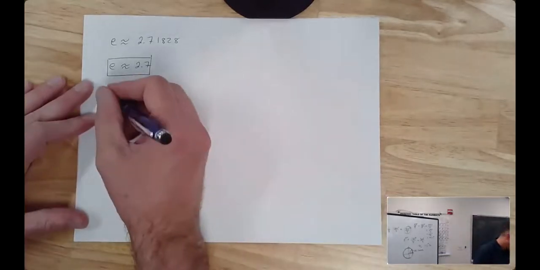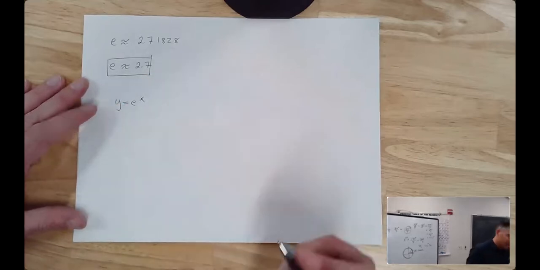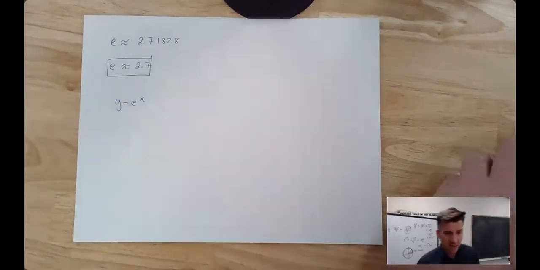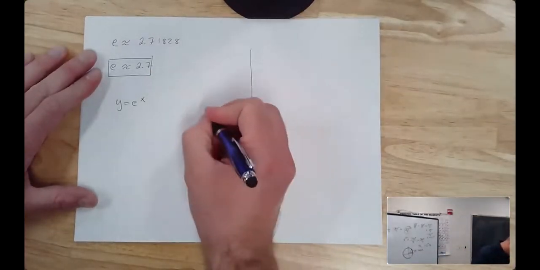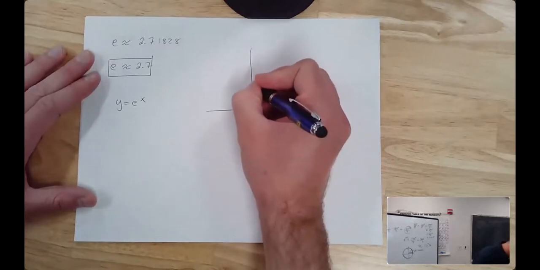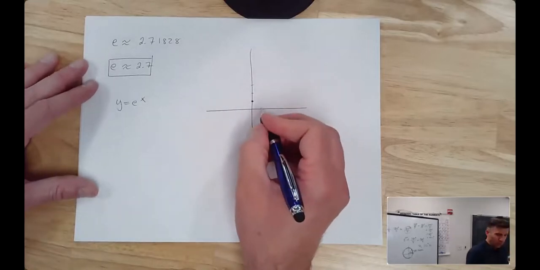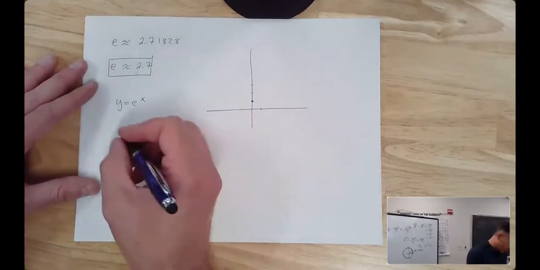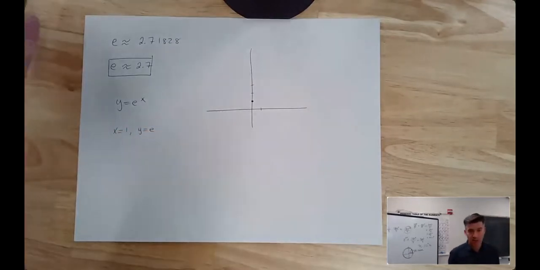So if I was going to graph y equals e to the x, it's going to have the same sort of properties. I do want to graph this one semi-precisely just so you can see how it looks. So I'm going to plot the point 0, 1, and then the point 1, comma e, because if x is 1, y is going to be e, which is approximately 2.7.